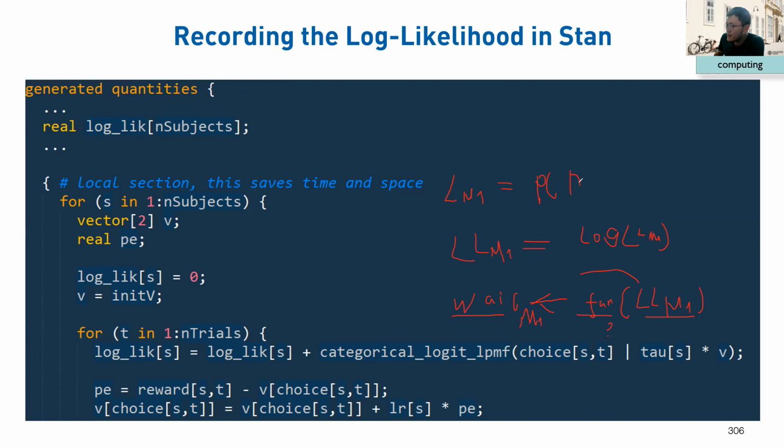This is data, sorry, this is theta, this is the likelihood, and how to calculate it. So this essentially equals, let me put here, there's another function to extract log likelihood from our model fit.